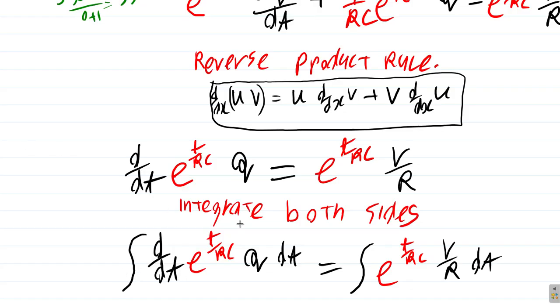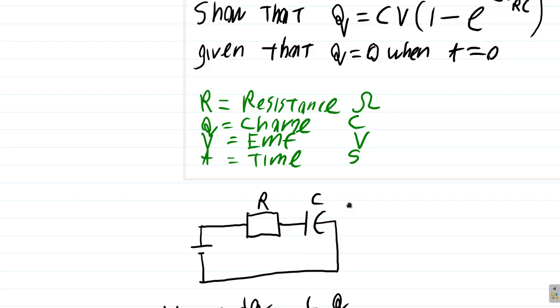Alright, so you're integrating d by dt of q e to the t over rc. Alright, let's write it like that.